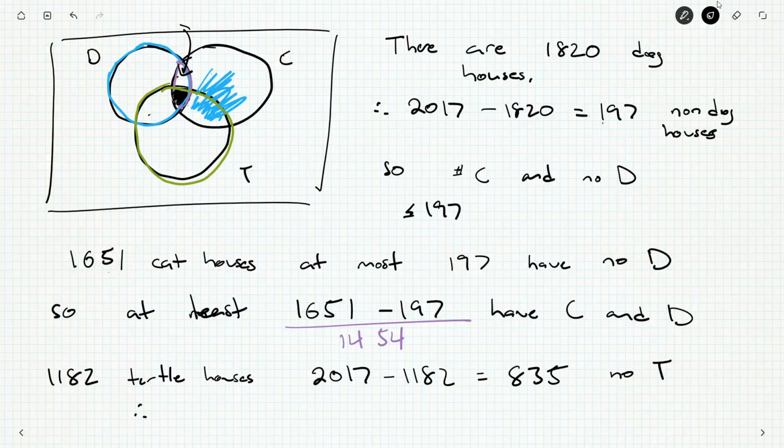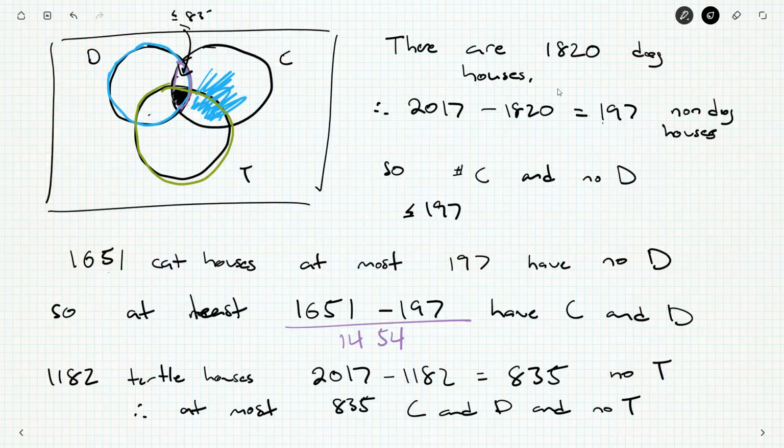Therefore, at most 835 cat and dog and not turtle houses. And so what does that leave me? 1454. So this guy here, this little extra gap, is at most 835. There might be other numbers other places, but that's at most 835.